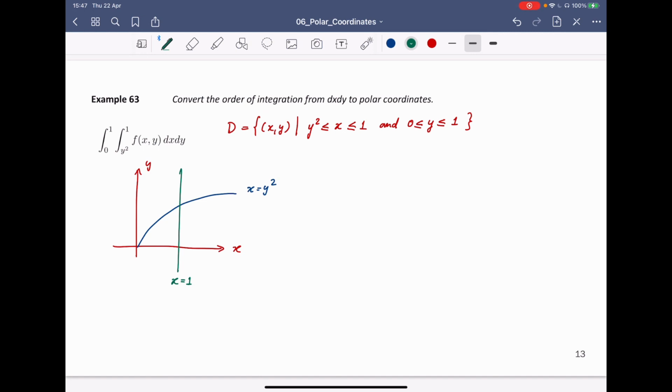So you can see that y is equal to 0 is the x-axis. This is y equal to 0, the purple one here. All right, this is actually y equal to 0. And also y equal to 1, this is just to give you an idea of the upper bound of your region.